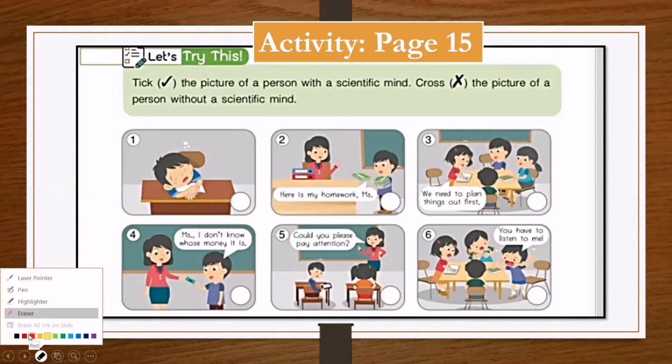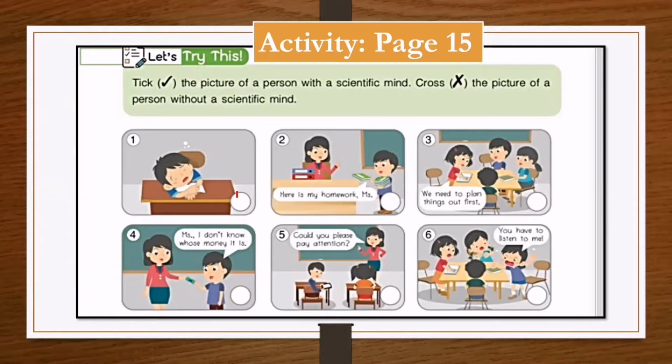Okay, how about number 2? Okay, the answer here is check. Okay, the boy is passing his homework to his teacher. And the rest, number 3 to 6, you're going to answer that one. Okay, students?